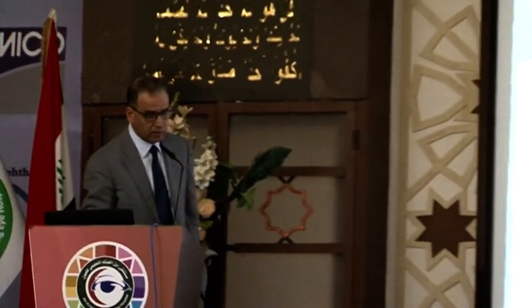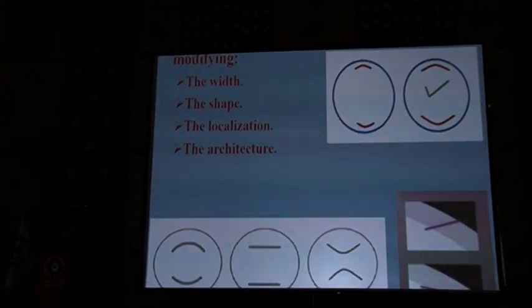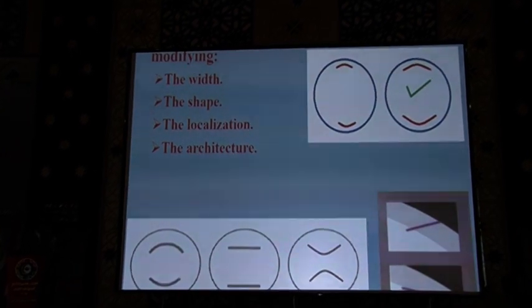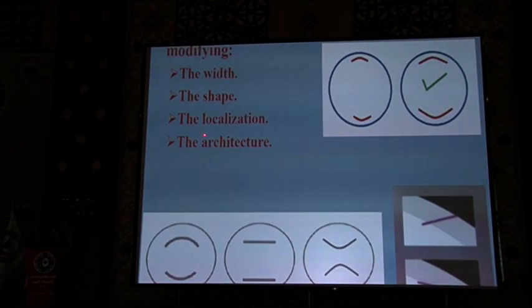Just by routine phacoemulsification, we can do our incision on the steepest meridian of the cornea, and usually by our incision we can correct from 0.75 to 1 diopter of astigmatism. But by manipulating the width of the incision, we can increase the effect of our incision, and also by changing the shape.